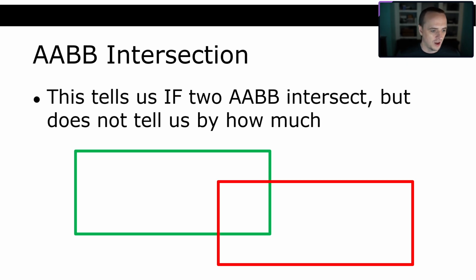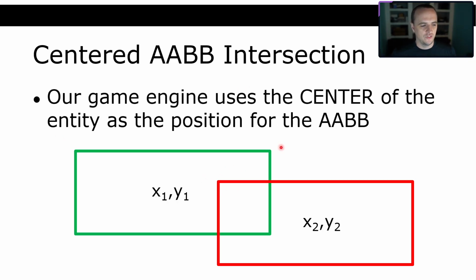All right, so in our game, so far in the slides I've been using the top left as the XY coordinate of the rectangular object. That is going to have benefits and drawbacks in very specific situations. In our game, in order to make certain calculations a little bit easier, we are actually going to use the center position of the entity for the position of the axis-aligned bounding box.